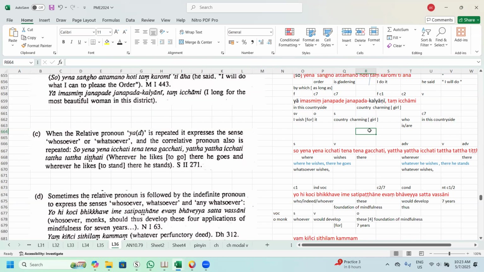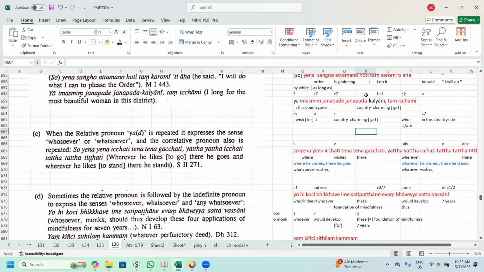But actually, in the text, I think there is no dash. You can say charming girls of the countryside, that means charming country girls, whichever you want to do.